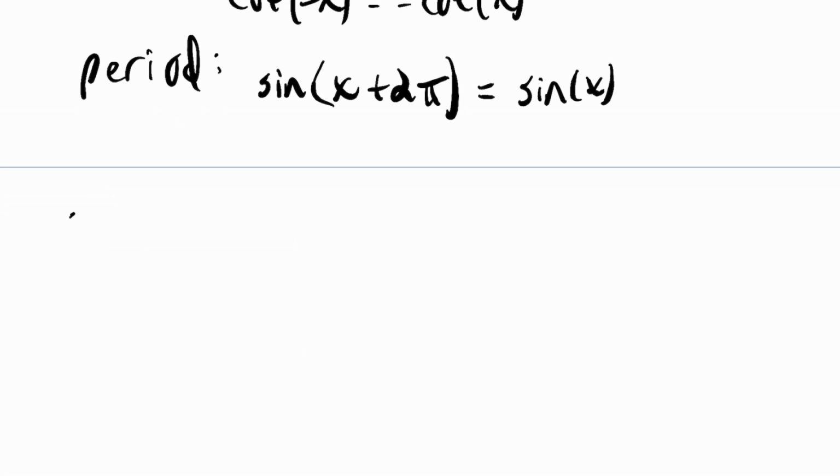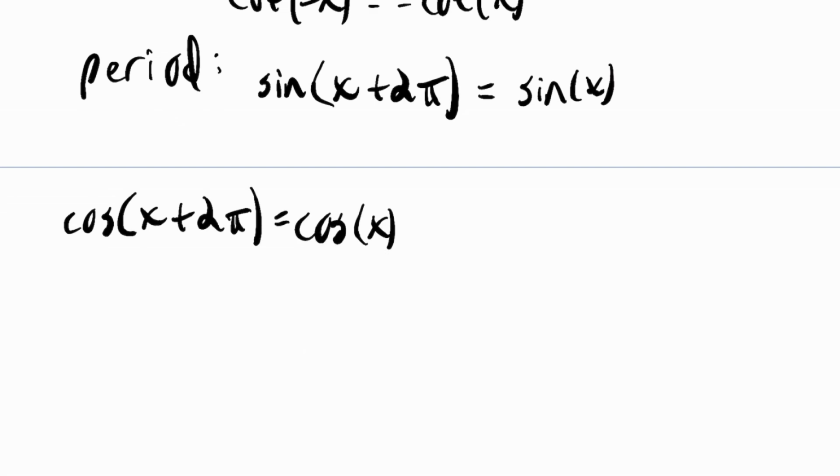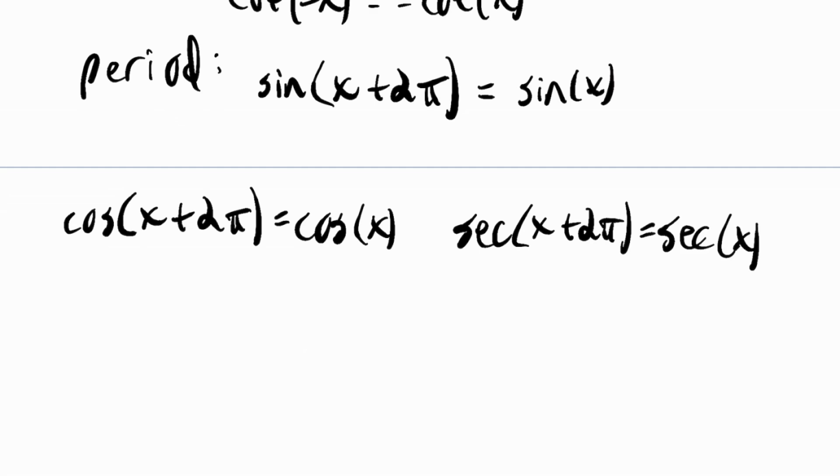So cosine of x plus 2 pi equals cosine of x. Secant of x plus 2 pi is secant of x. And cosecant of x plus 2 pi is cosecant of x.